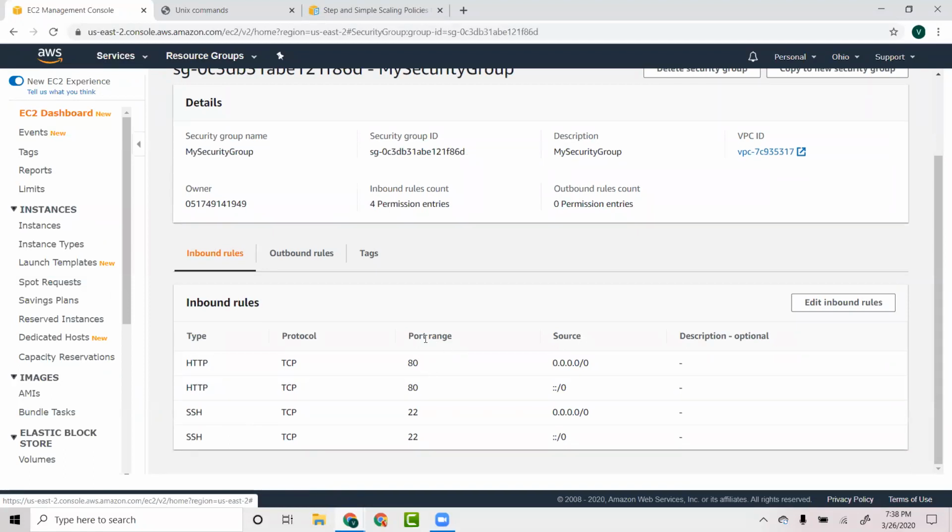You do not need to put both directions of the rules. If you allow inbound on a particular port for a particular IP address, your outbound is allowed by default for those guys only. But by default, your inbound rule is empty.